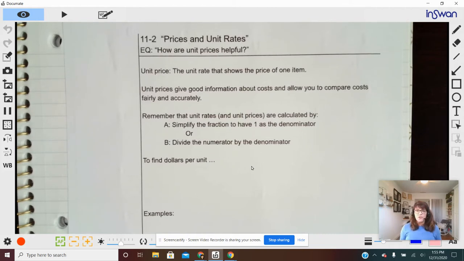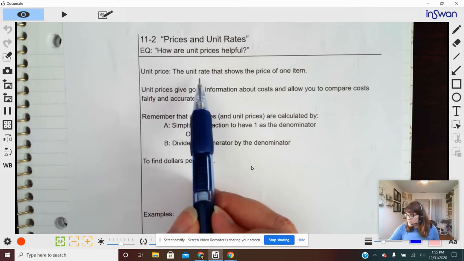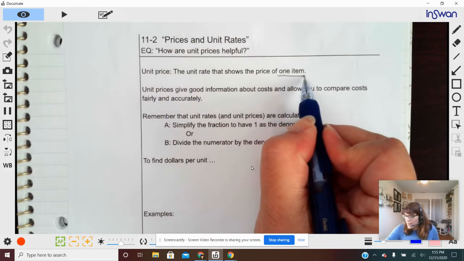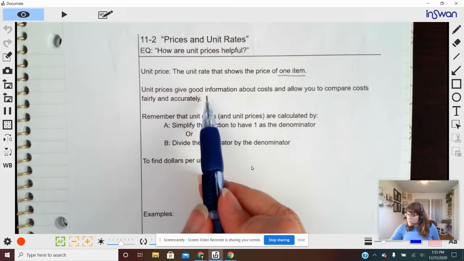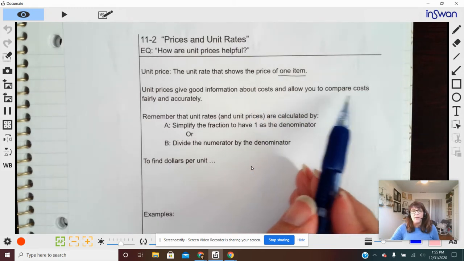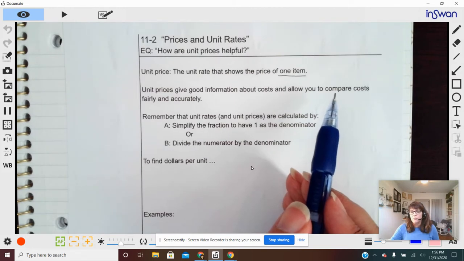Just to review, a unit price, just like a unit rate, is the unit rate that shows the price of one item. It's really good about cost information and allowing you to compare costs, and that's really what we'll use it for in any application.